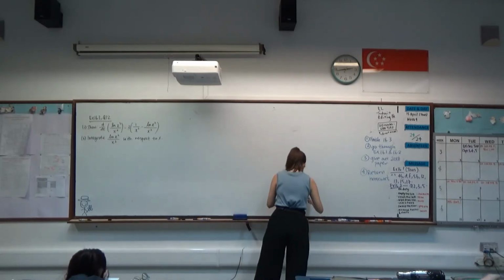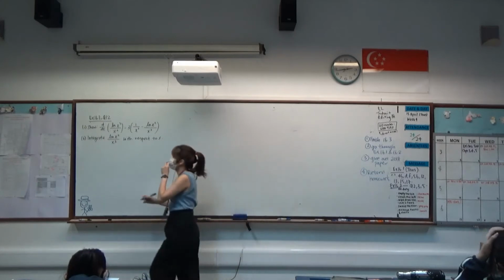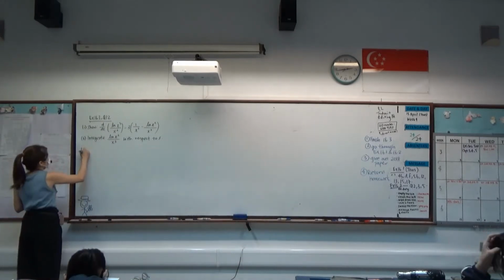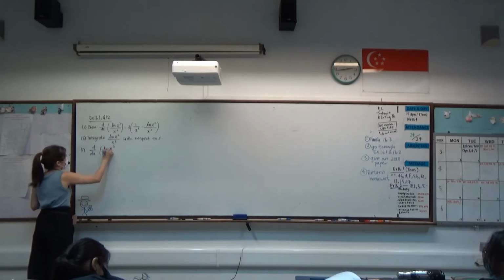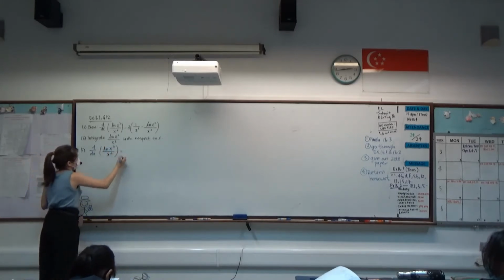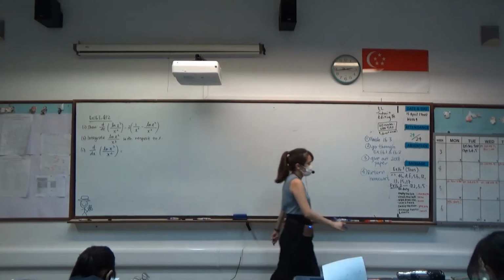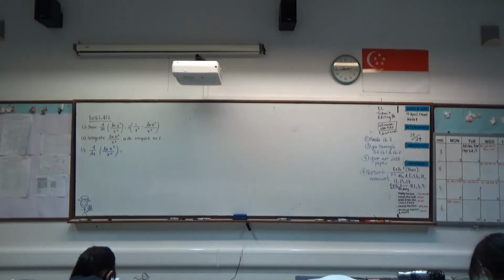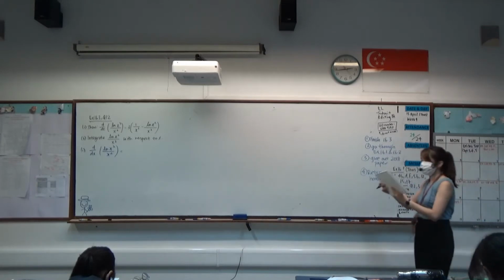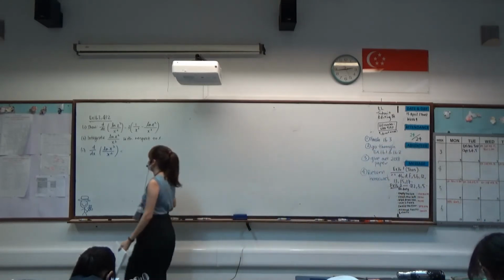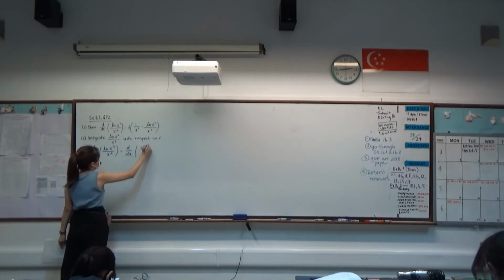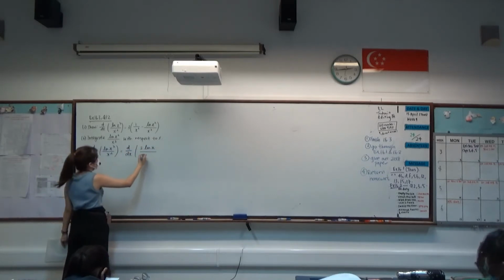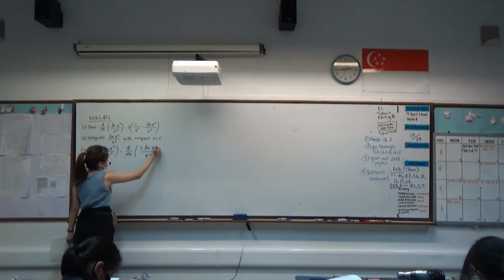Alright, let's work it out. So you're expected to use your quotient rule. Actually, before you use your quotient rule, you may want to, in fact, consider bringing down the 3 to express it as 3 ln x as well.